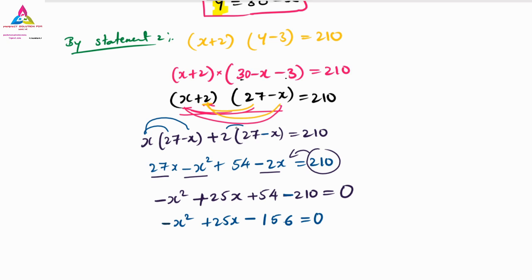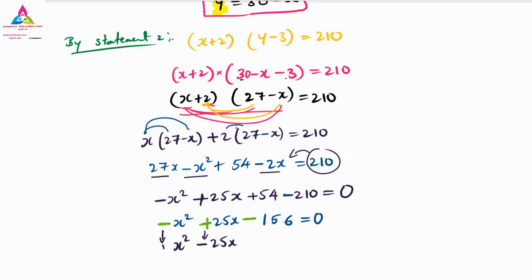So here we have negative x square. When we have negative x square, we can't keep that negative on the x square. So what will we do? Sign change. Here we have negative, here positive, and here negative, so all the signs we will change. So it will be positive x square. This will become minus 25x, because positive will turn to negative.